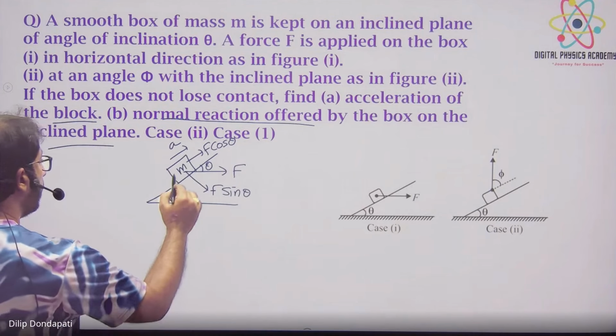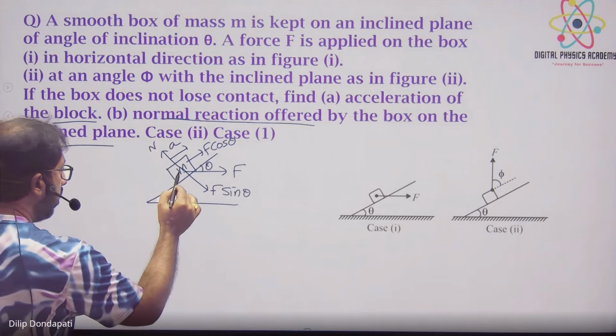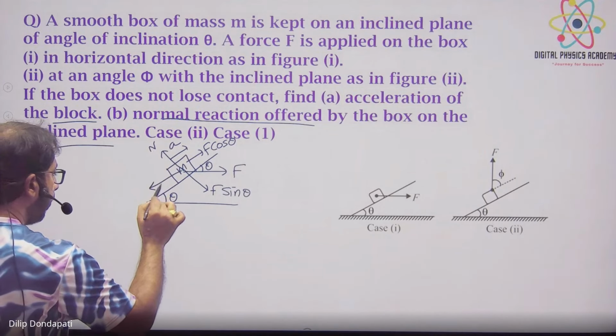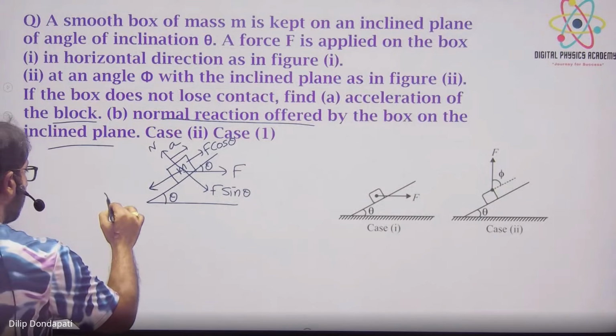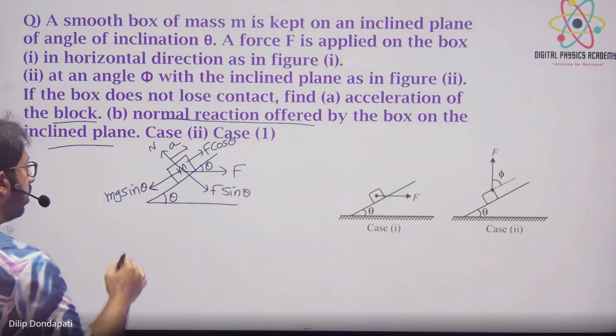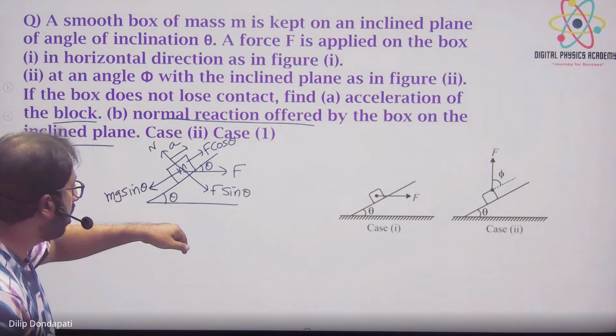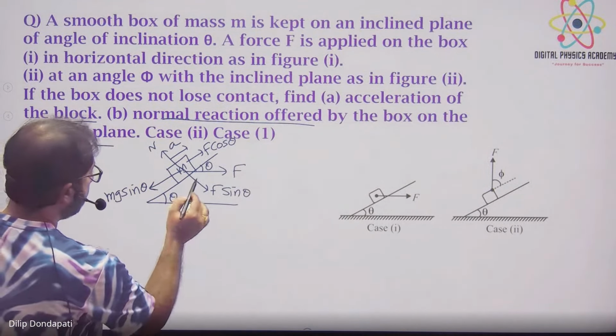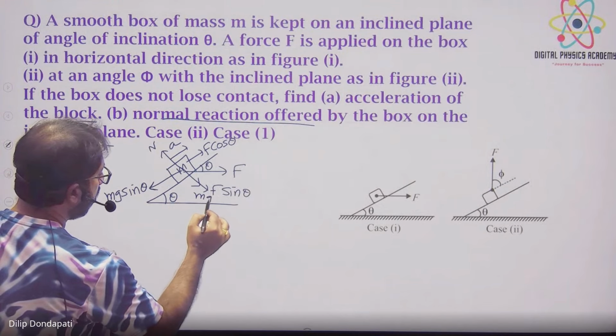Normal force. Okay, next, mg cos theta. Which one is on this side? mg sin theta. Always, whenever an incline comes, you should not take mg downwards. Always take mg sin theta, and this side is mg cos theta.